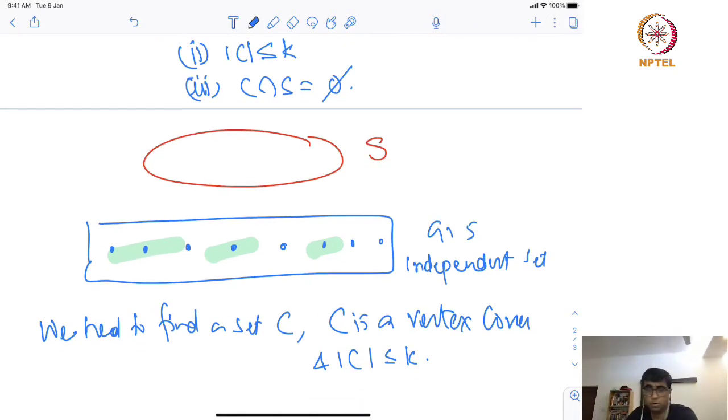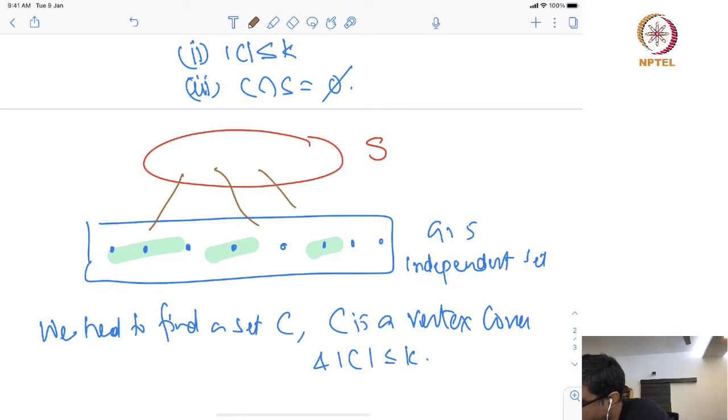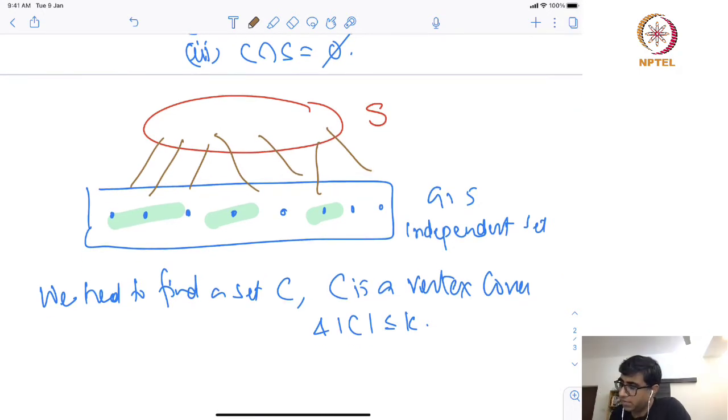Now, notice what was the role of S? S is a vertex cover. So, every edge is adjacent to a vertex in S. Which implies that, look at any edge here. This is a very simple thing, right. Look at any edge here, there are two endpoints to it, one is x, the other is y.